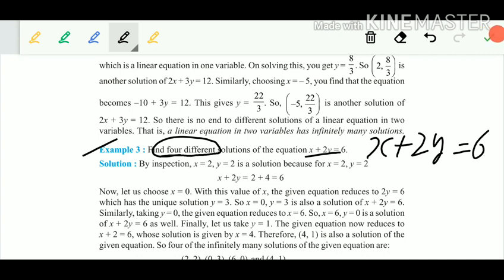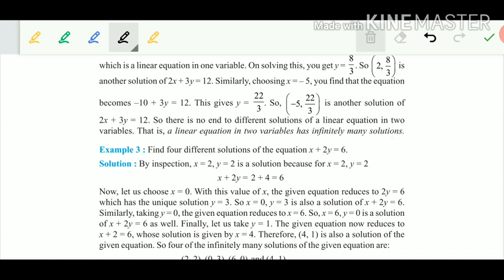Now find the values of x and y so that when we put those values on the left hand side, it will give us the answer 6. That is the solution. Now there are many solutions of this equation, but we have to find only four solutions. The easiest method to find the solutions of a linear equation is to start from an x value.